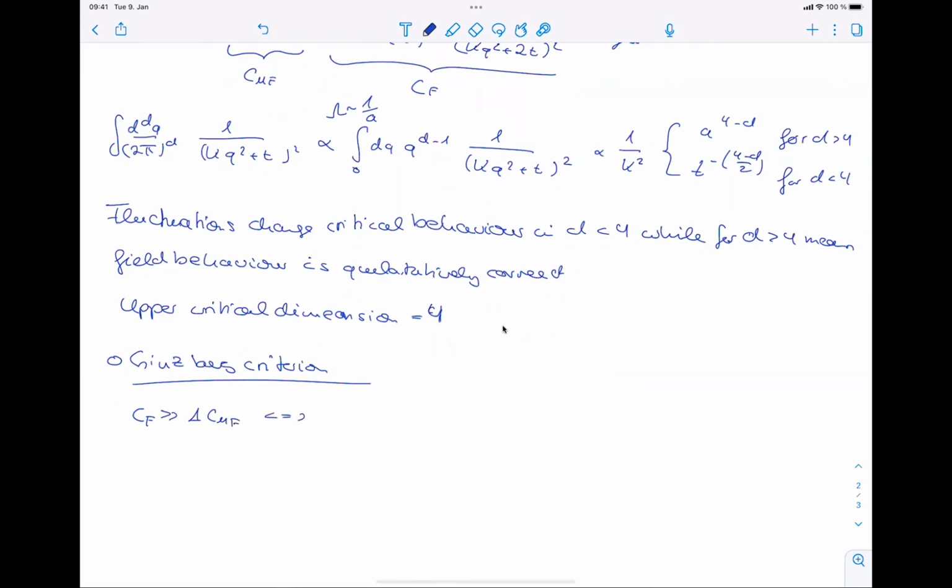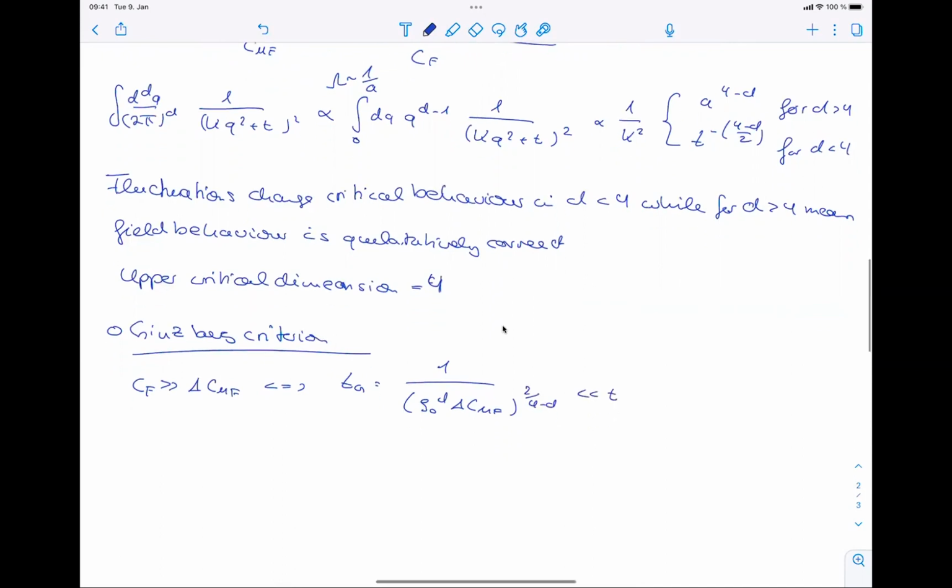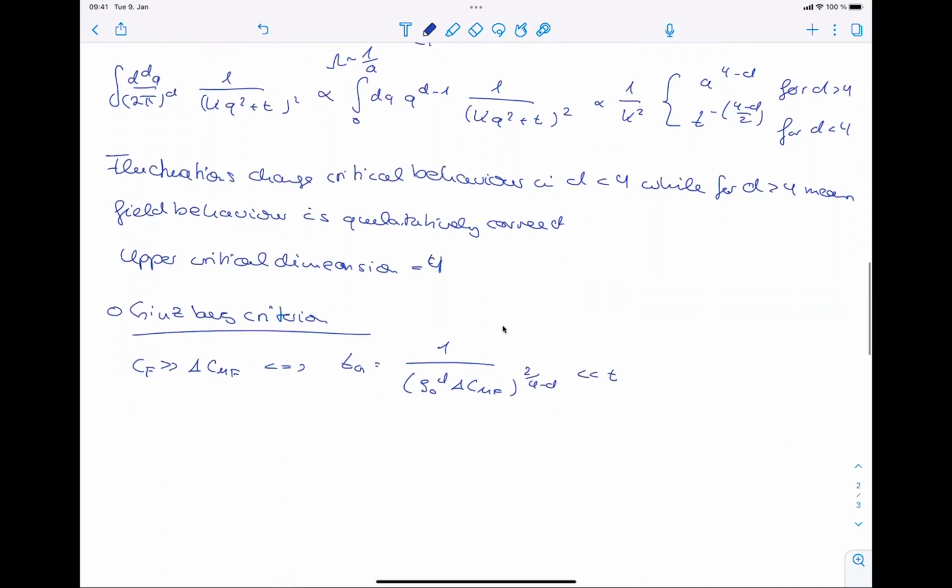And this we can rearrange to derive a temperature below which we expect, sorry, that's a C, T smaller, sorry, that's correct.